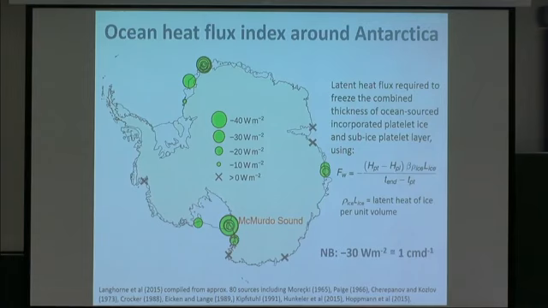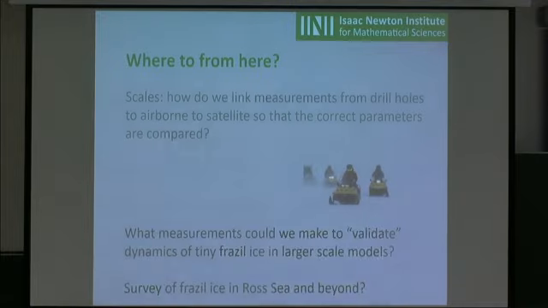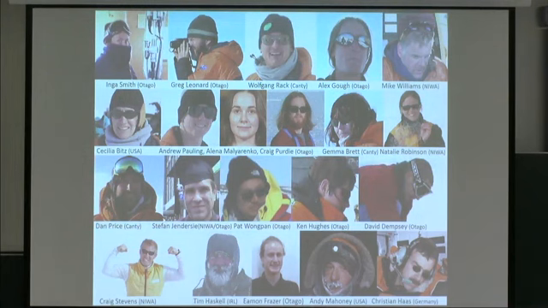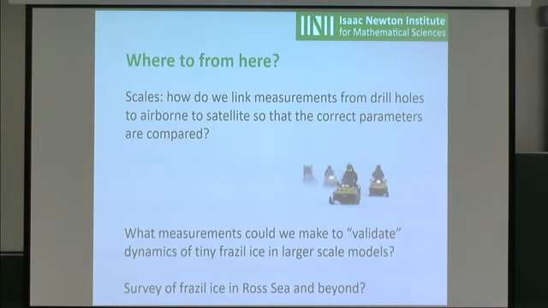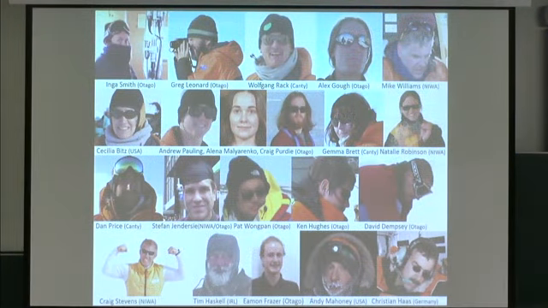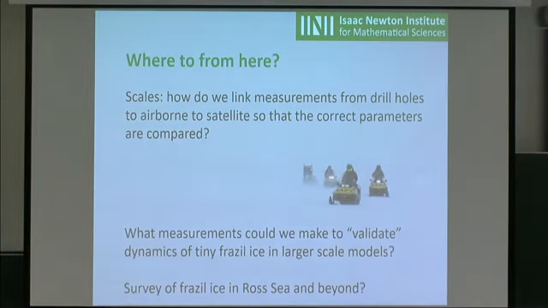We've coloured in blue, green, the places where we might expect some influence, noting again that minus 30 watts per centimetre is a growth of about 1 millimetre per day.